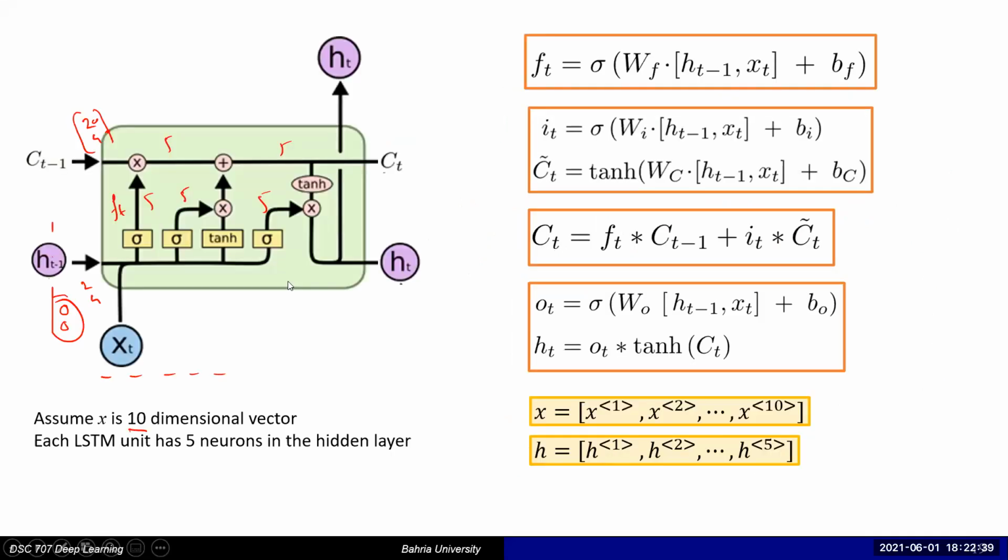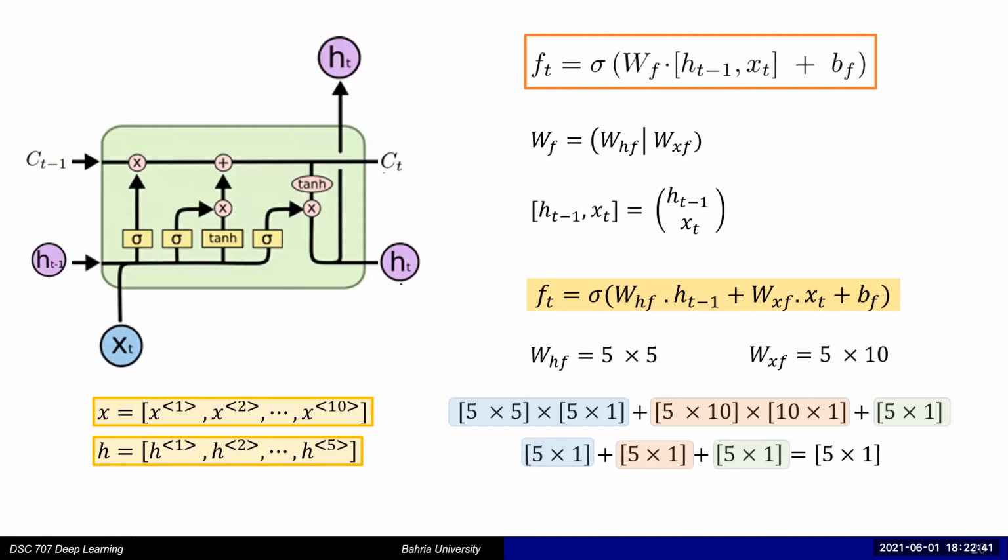So this is a recap of the discussion we did, that we expanded our expression. As I told you, this WF is actually two matrices: one for the ht minus 1, the other one for the input xt. Similarly, we have concatenated ht minus 1 and xt, so this representation actually means this thing.